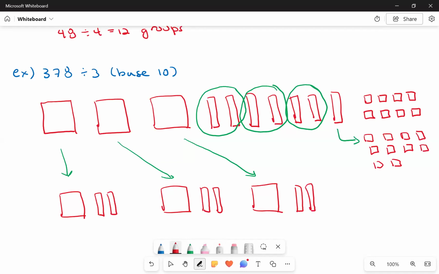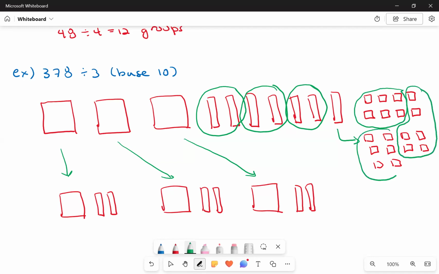Okay. So now for each of those, if we're going to divide, let's see, how many do we have? We have 8 plus 8, which is 16, 17, 18. Okay. So if we're going to divide that into 3, that means we'd be giving 6 each. Okay. So here, I'm going to circle it. So there's 6. Here is 6.